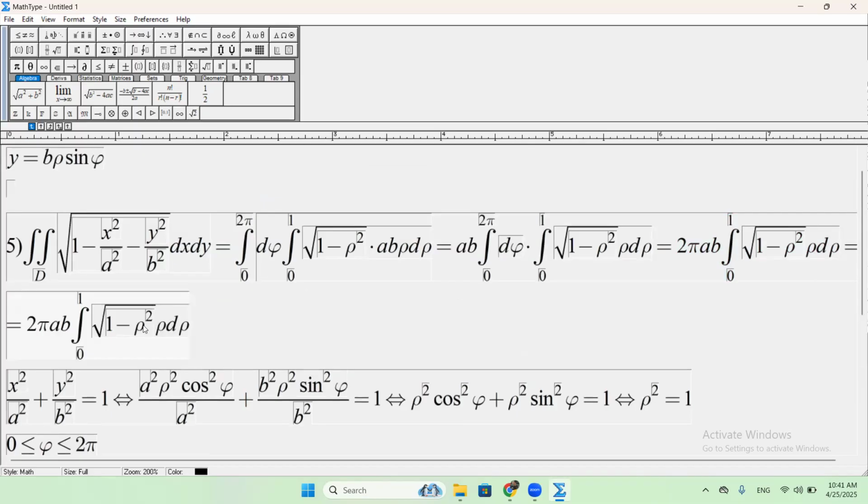Here we can move rho under the differential, and here we will have minus pi ab.